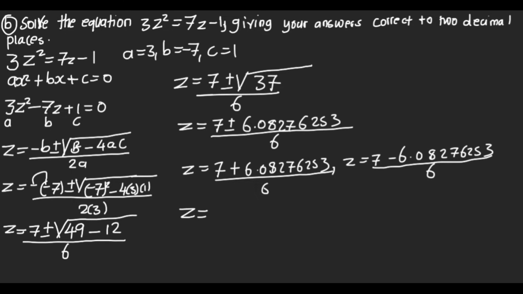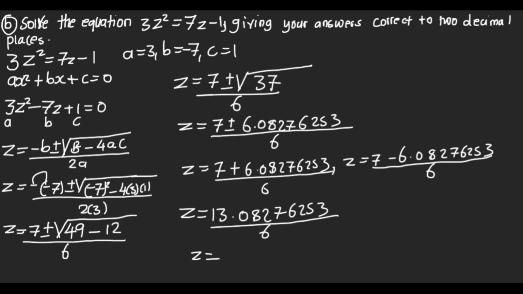So 7 plus 6.082763 will give us 13.08276253 over 6.